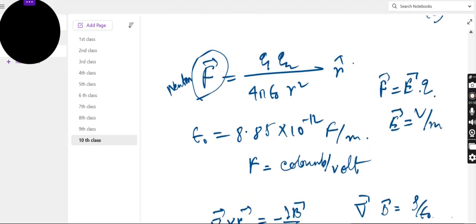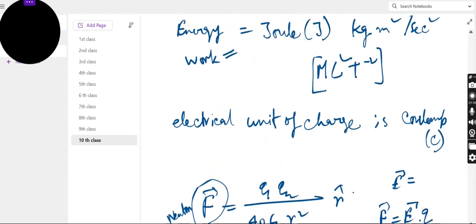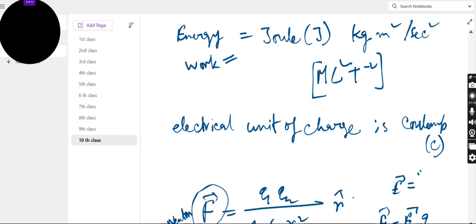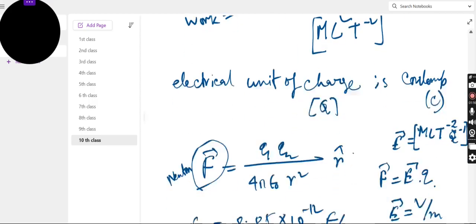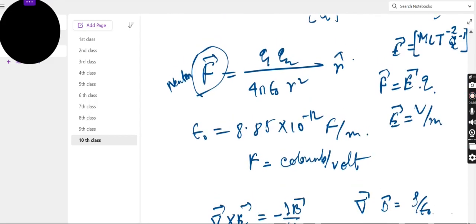So the electric field has basically unit of m t to the power minus 2 by c or q if you say the charge is like this. This force has the same.